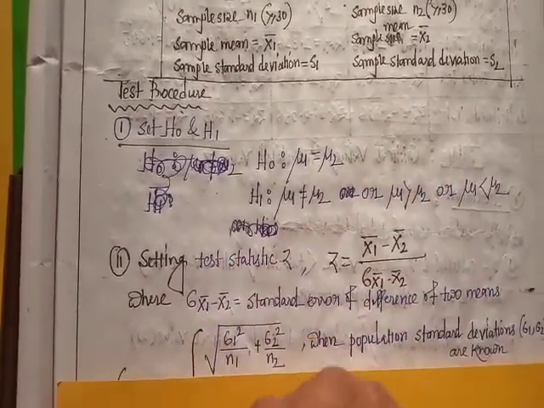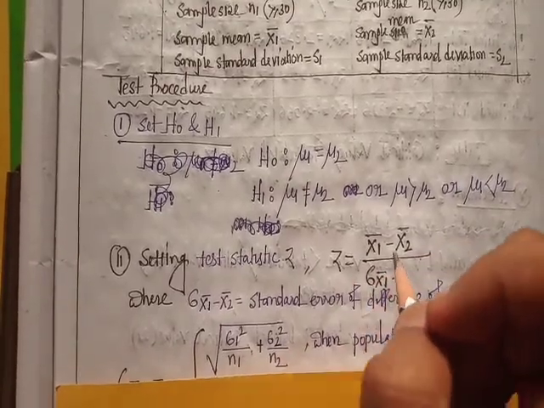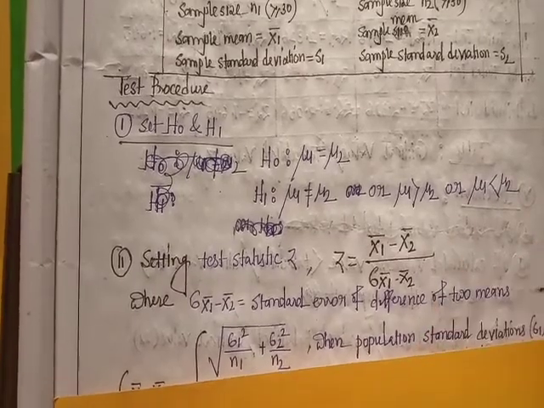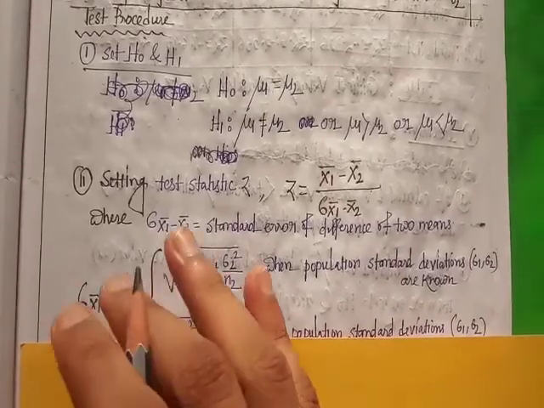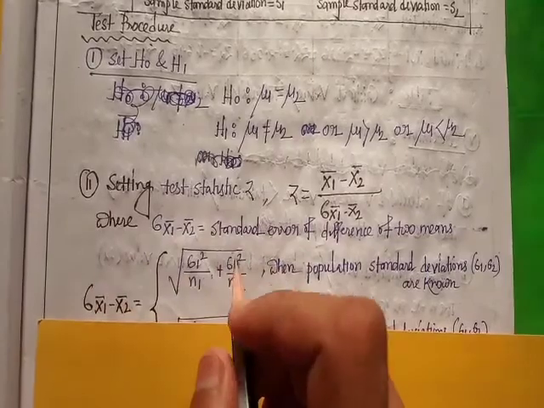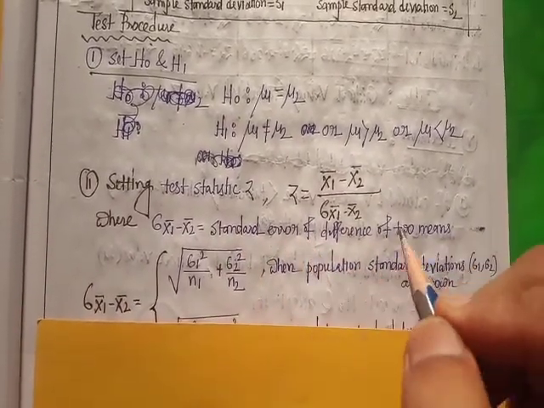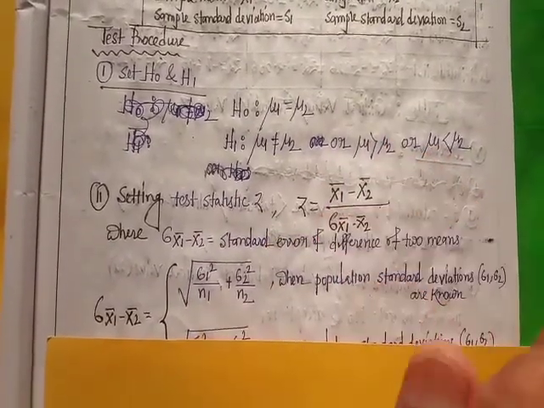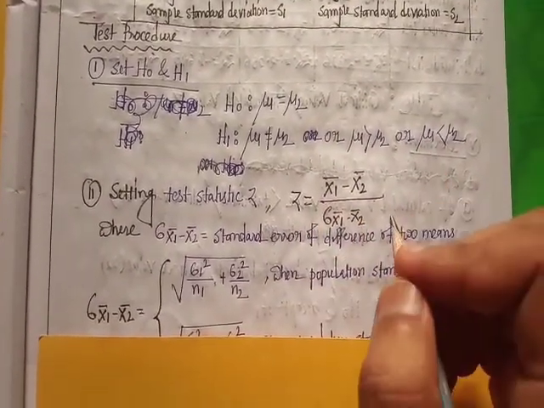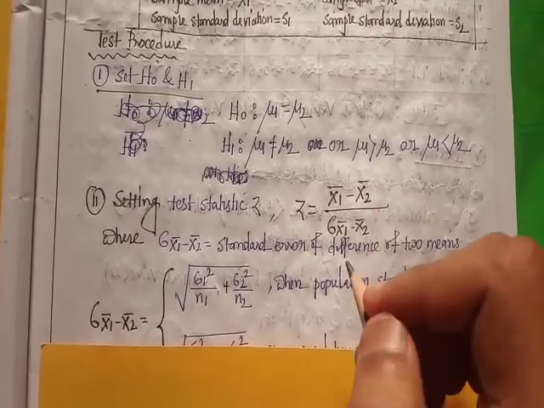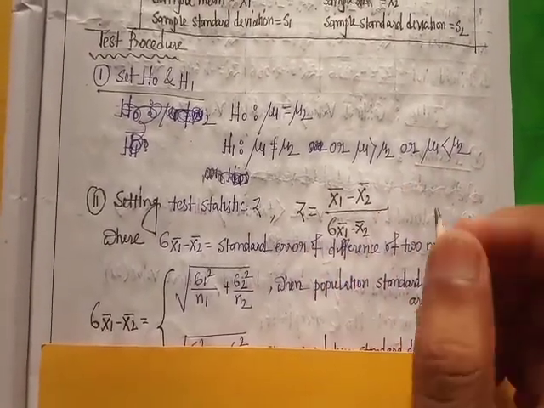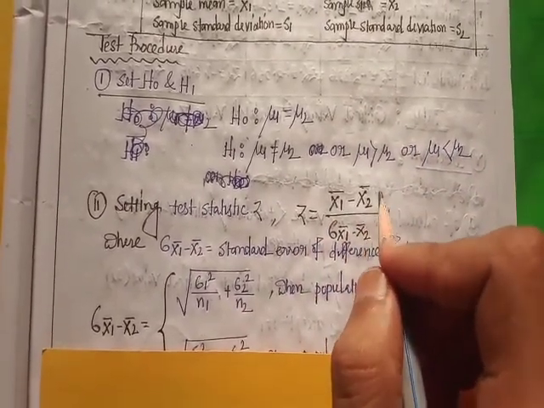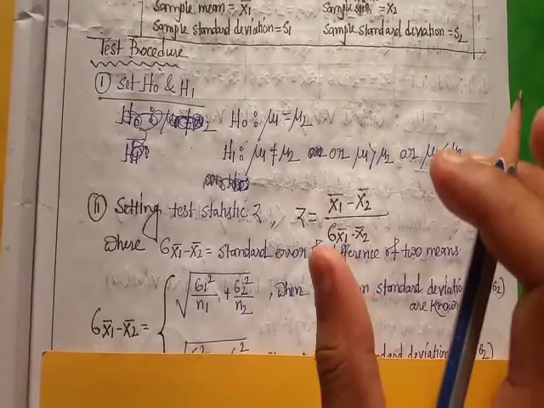The test statistic is Z equal to x1 bar minus x2 bar divided by sigma x1 bar minus x2 bar, where sigma x1 bar minus x2 bar is called the standard error of difference of two means, x1 bar is the sample mean of sample 1, and x2 bar is the sample mean of sample 2.